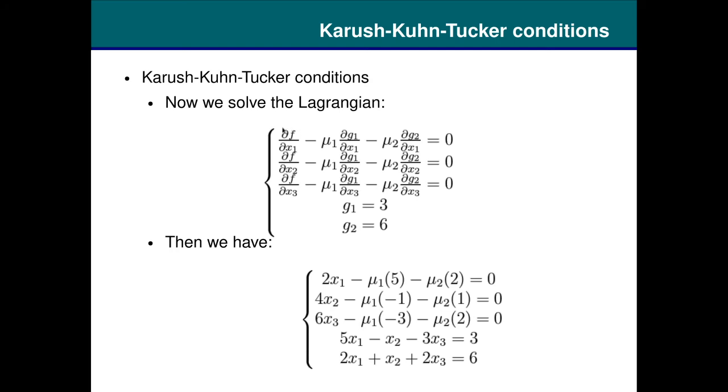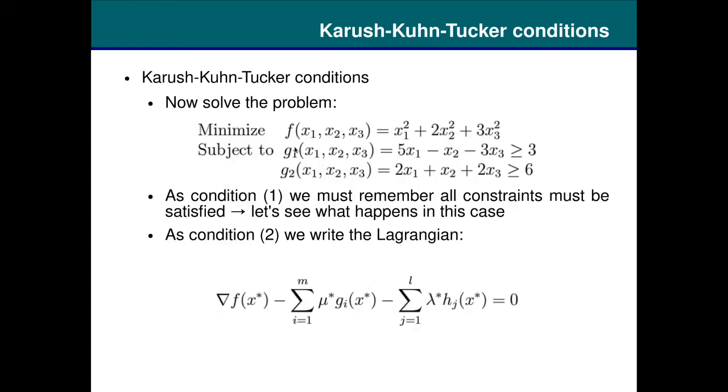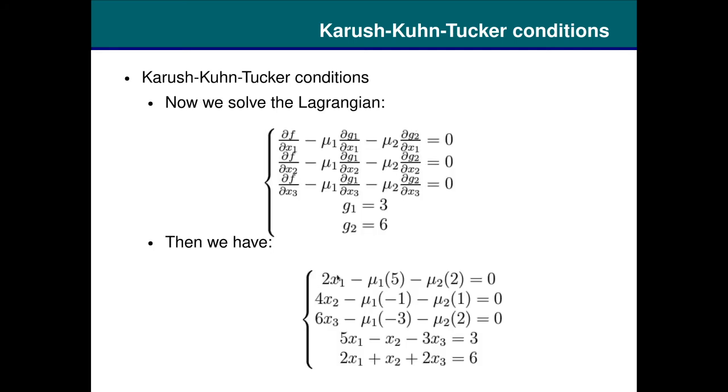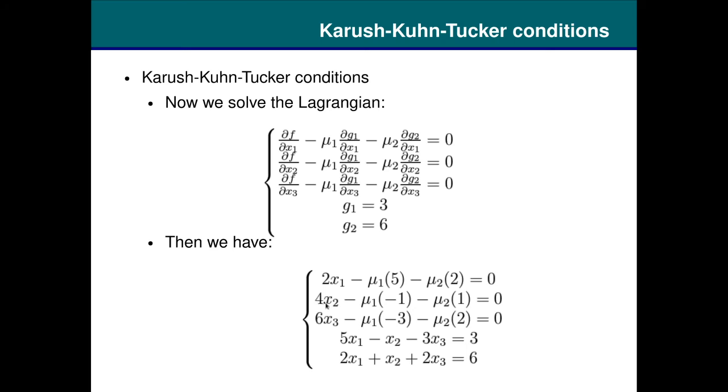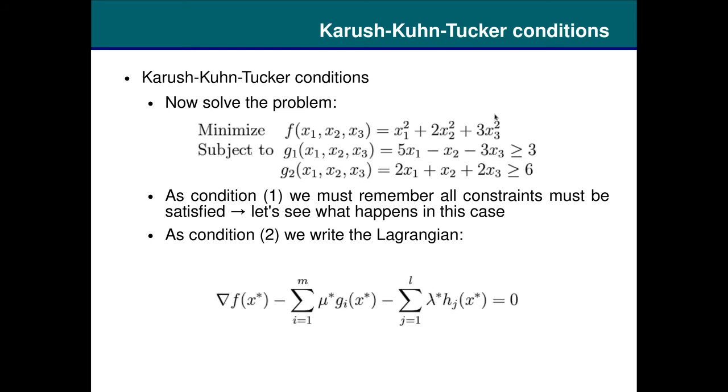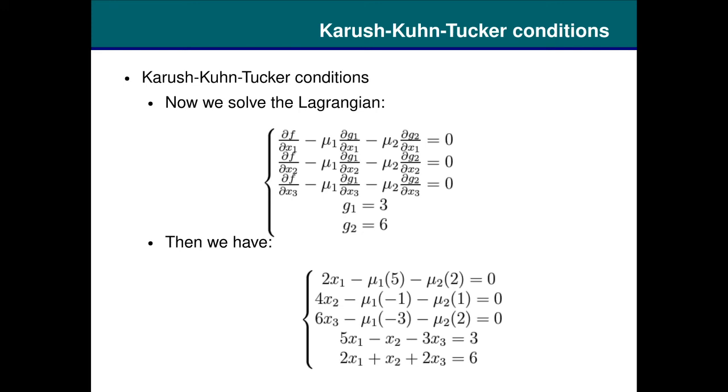So when I differentiate my function in terms of x1, that will be 2 times x1. When I differentiate my function f in terms of x2, that will be 2 times 2 for x2, as shown here. When I differentiate my function f in terms of x3, that will be 3 times 2, 6x3, as shown here.